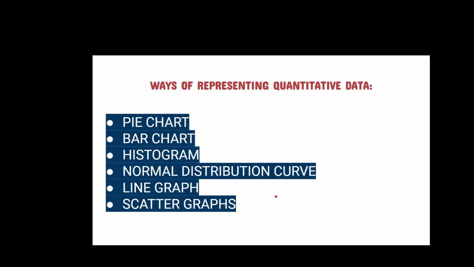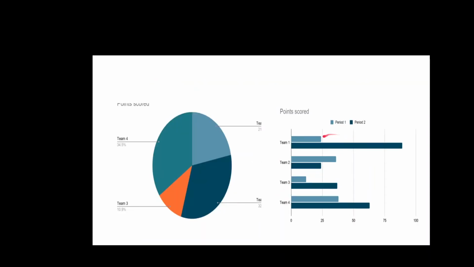Then we also have a histogram, which looks very similar to a bar chart, except there aren't these gaps in between the bars because they are all one category. So usually histograms are made on ordinal categories, whereas bar charts are made on nominal categories. So if you ever answer a question in paper 2, just keep in mind, according to the type of data you have, which graphical representation you should choose.